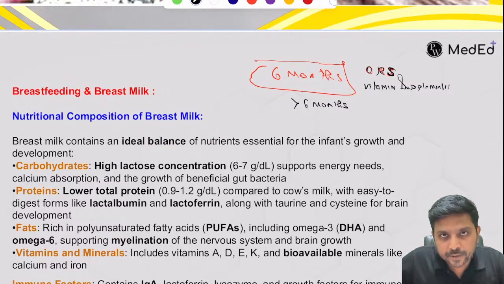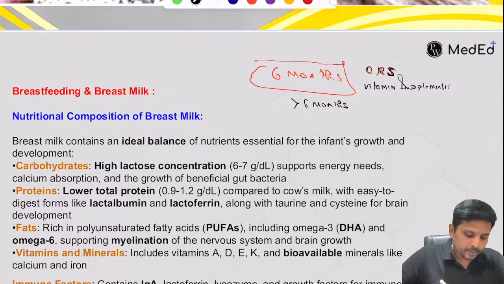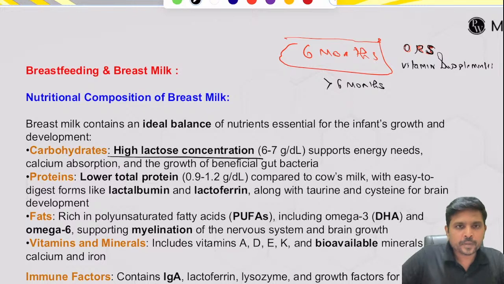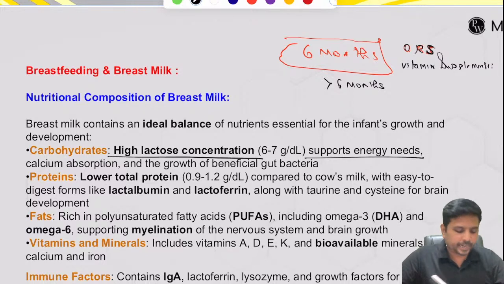What is the difference between breast milk and cow milk? Breast milk contains high lactose, which supports energy needs, calcium absorption, as well as gut flora.